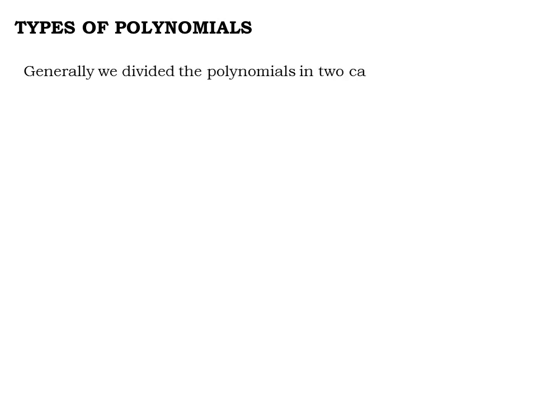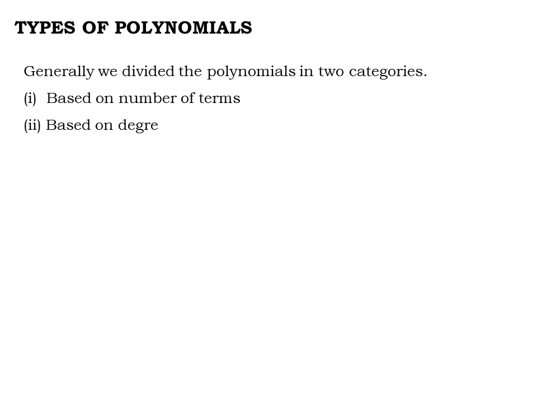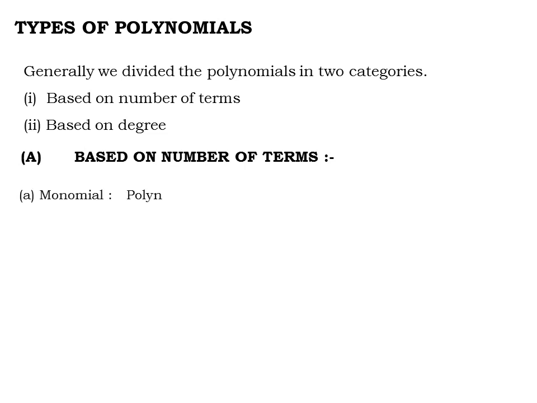First of all, we have to know the types of polynomials. Generally we divide polynomials into two categories. Category 1 is based on the number of terms, category 2 is based on degree. Talking about the first one, based on the number of terms, the first type is monomial.